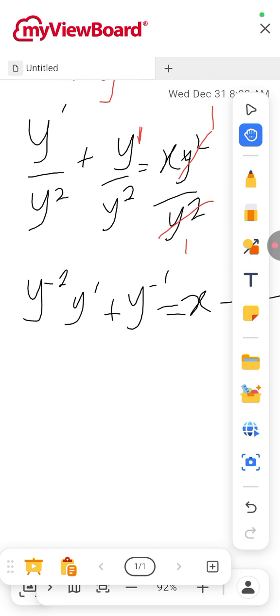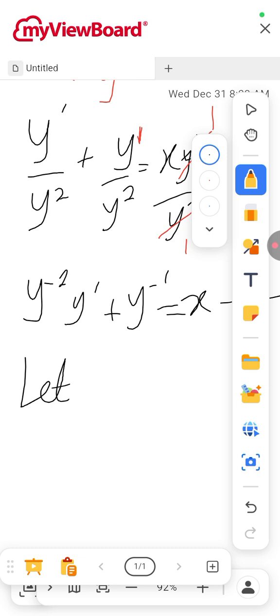So now that I'm done with dividing by y raised power n, the next thing is using the substitution method. I will let another function, usually v. If you check most of your materials, you usually use v, but it's just a symbol. So I will let v be equal to y raised to power 1 minus n.